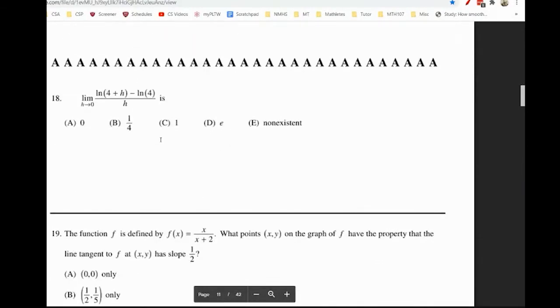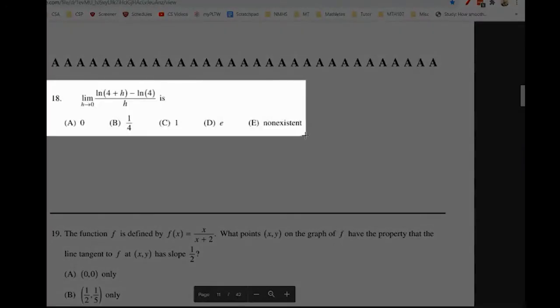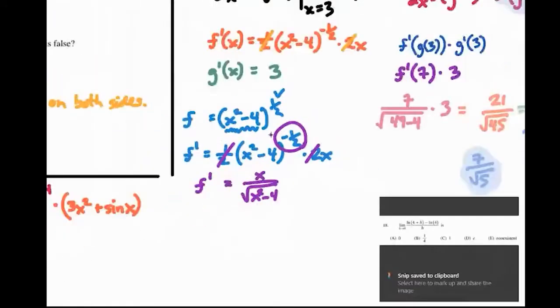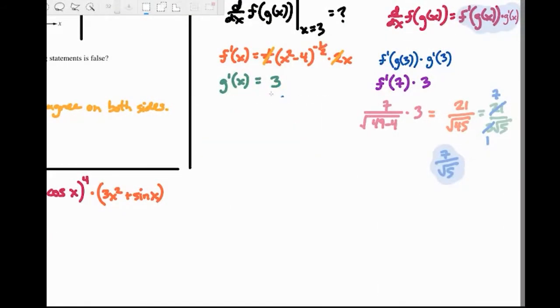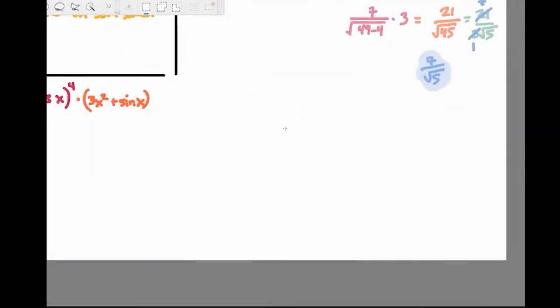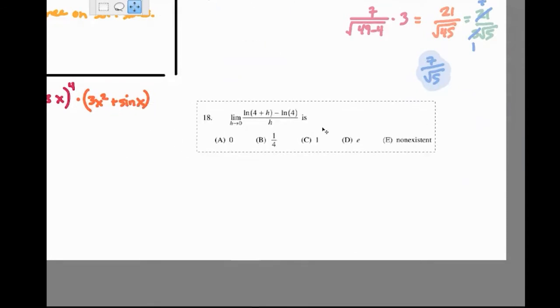18 we should be able to do, but it's confusing for a lot of students, these limit problems sometimes. Limit definitions of derivative. I highly advise translating this first before trying to solve it.